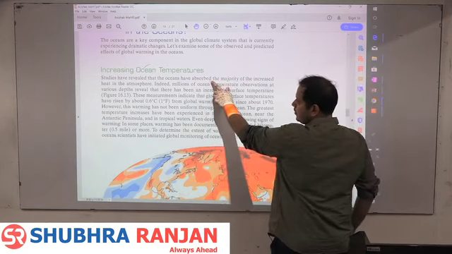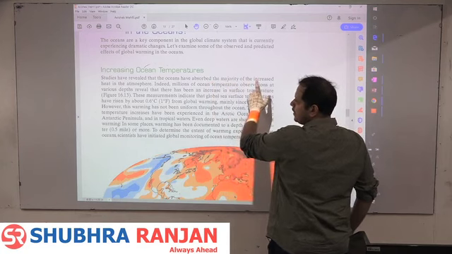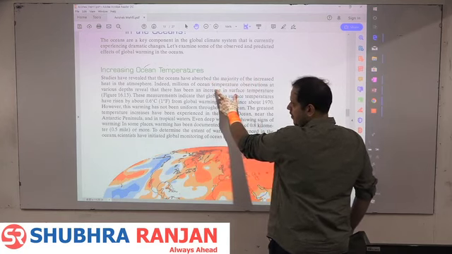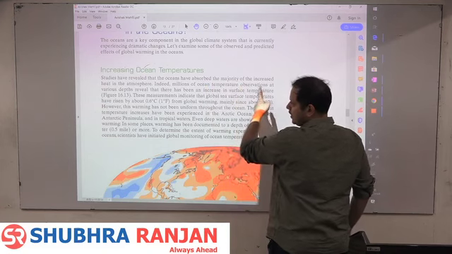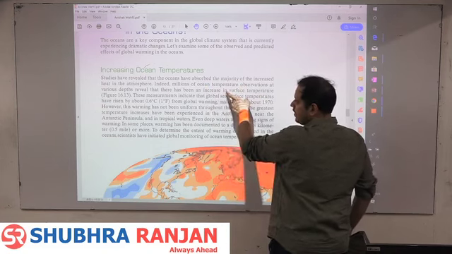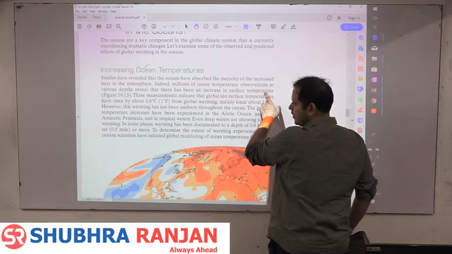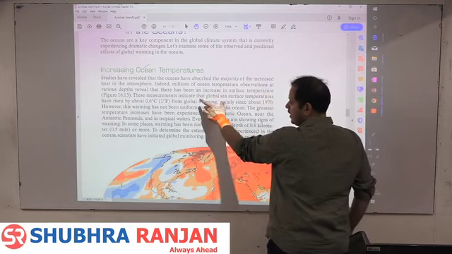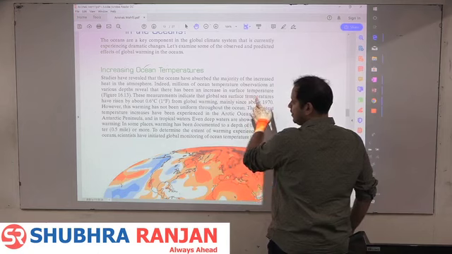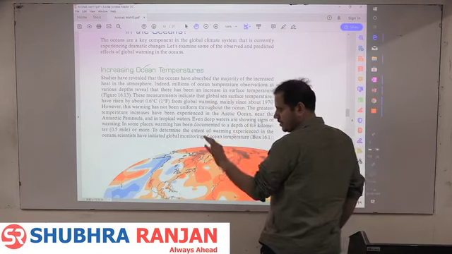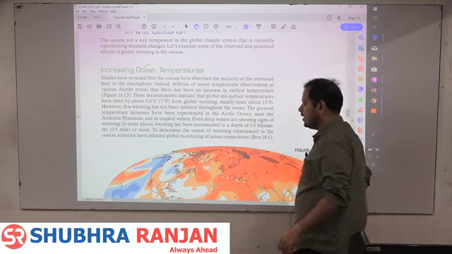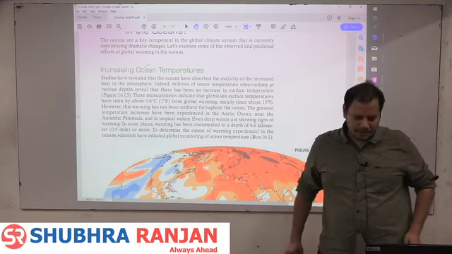Studies have revealed that oceans have absorbed the majority of increased heat in the atmosphere. Millions of ocean temperature observations at the various depths reveal that there has been increase in the surface temperature. The measurements indicate that the global sea surface temperature has increased by 0.6 degrees Celsius. This is right, 0.6 degree Celsius, mainly from 1970.